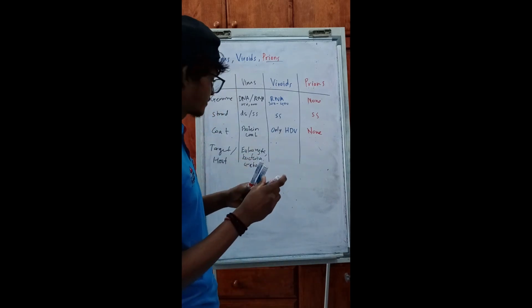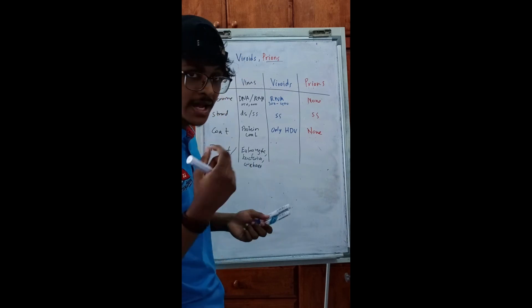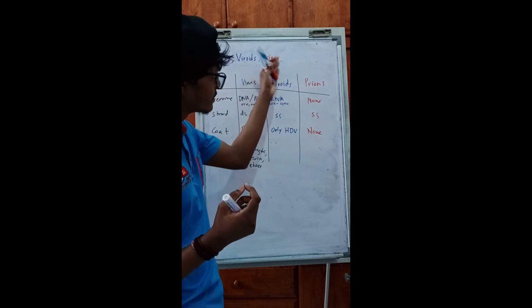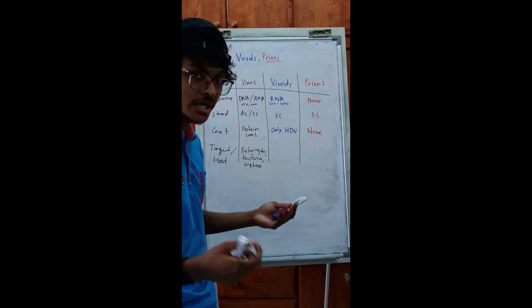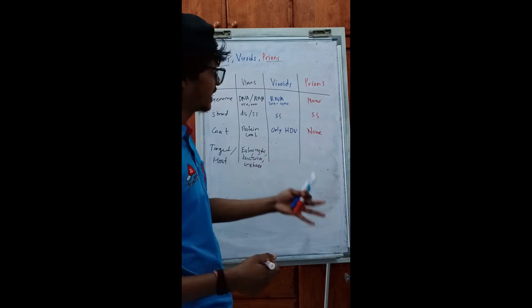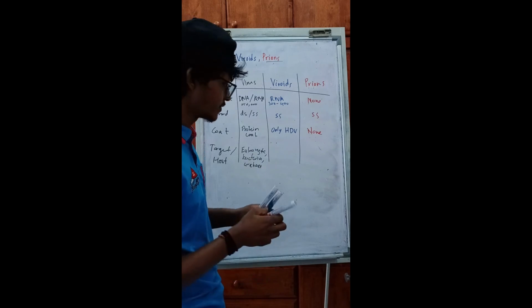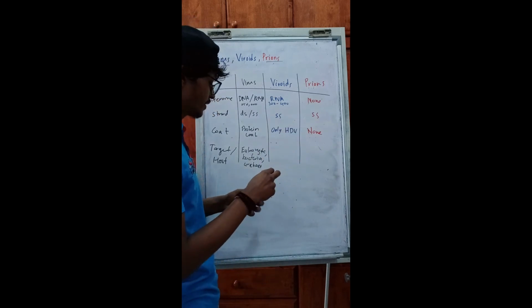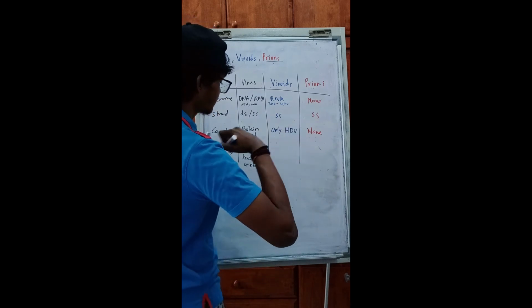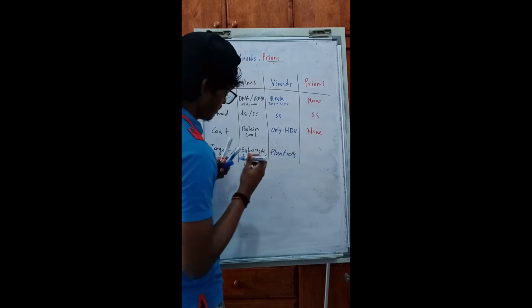And then viroids. What do they target? Just now we looked into plants. If we say viroids, you should think of plant-affecting cellular organisms. They affect plant cells, only plant cells.